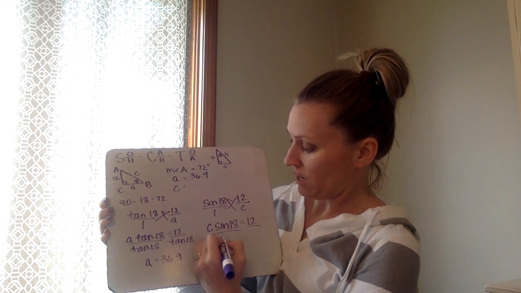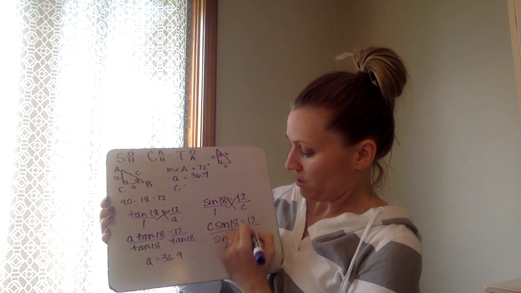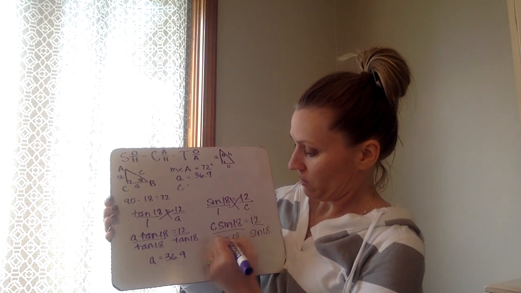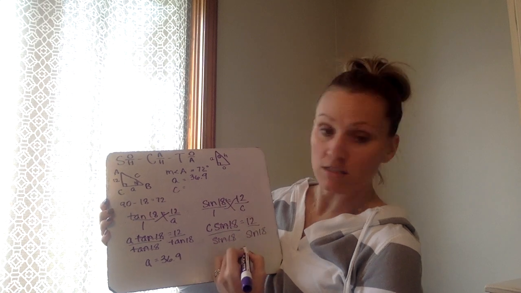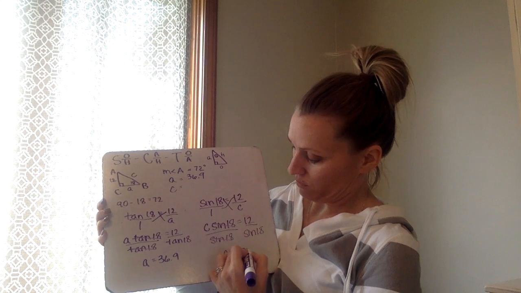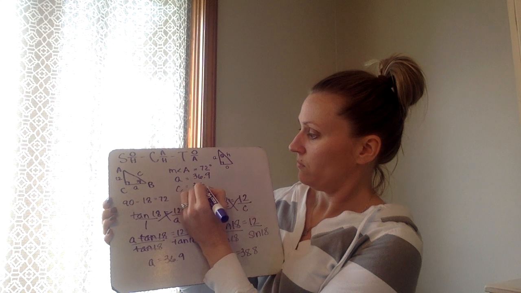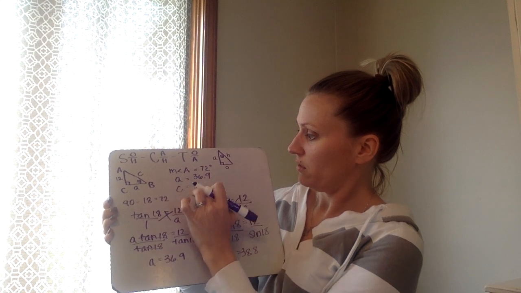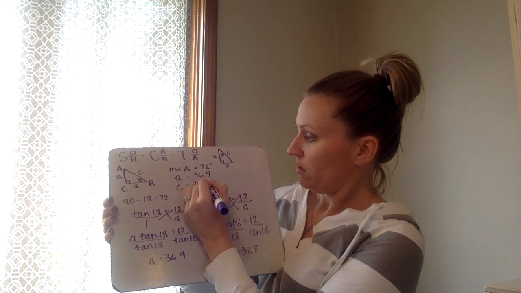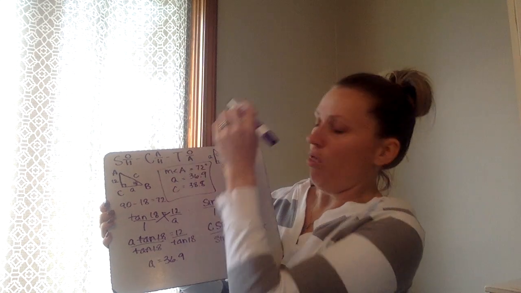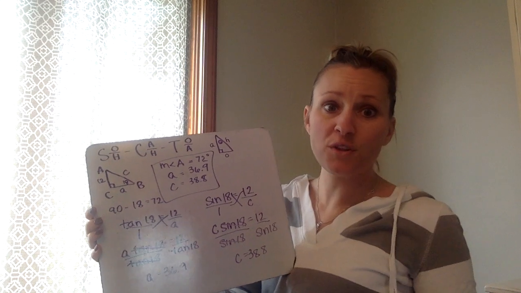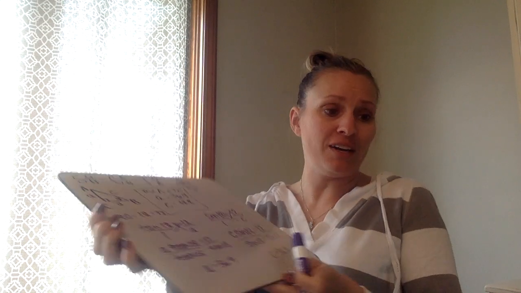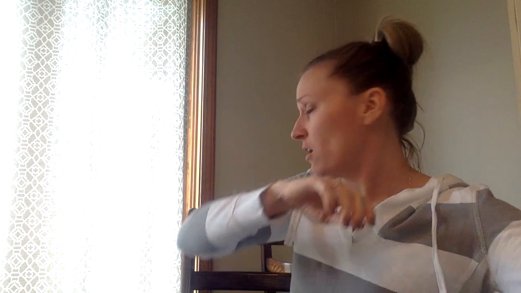Then I divide by the sine of 18 on both sides. And C is 38.8. So there are your answers. That is if you are given an angle and a side.